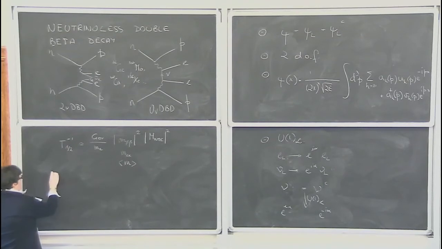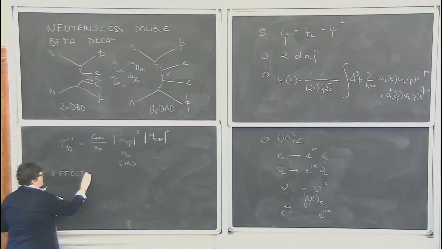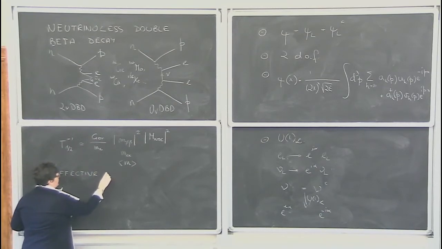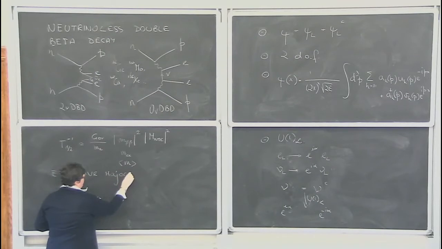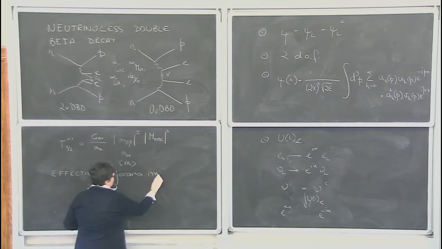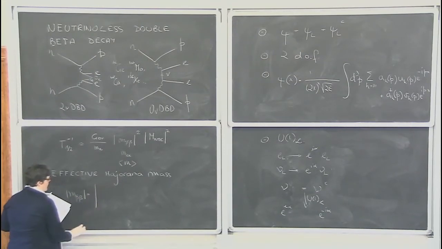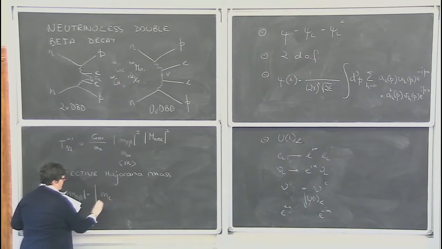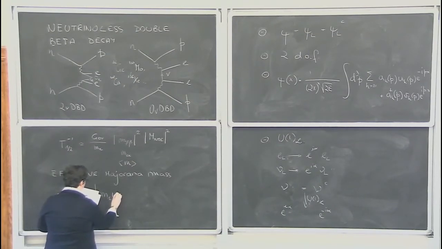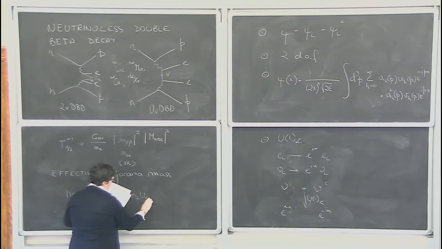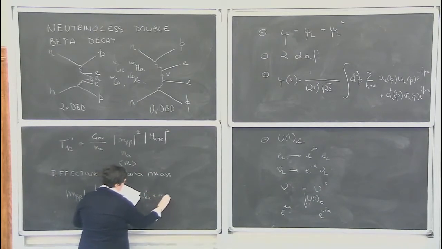This effective Majorana mass parameter is very important because it embeds completely all the dependence on the neutrino properties. It is defined as such: m_ββ is a sum over the three masses, m_1 U_e1 squared plus m_2 U_e2 squared plus m_3 U_e3 squared.